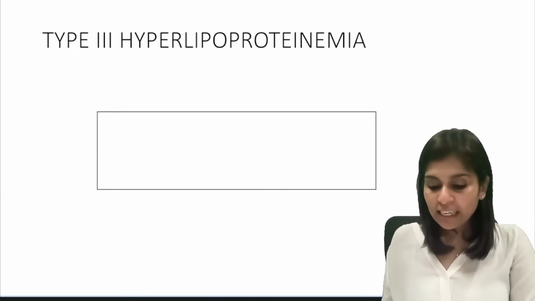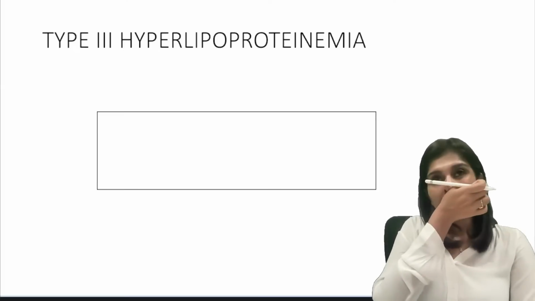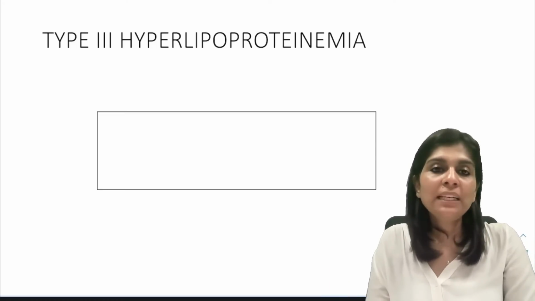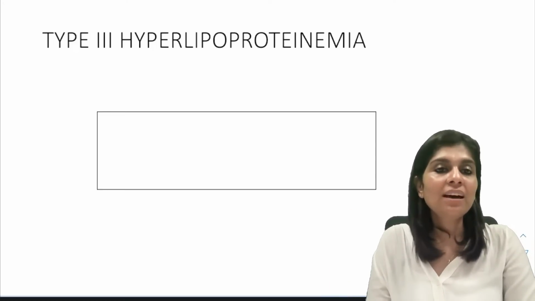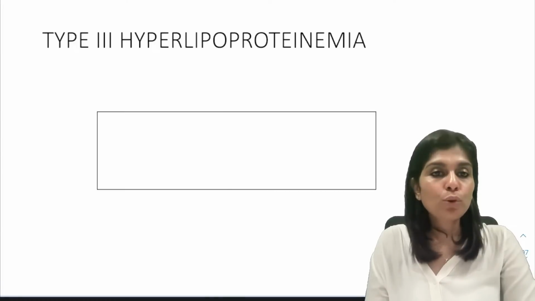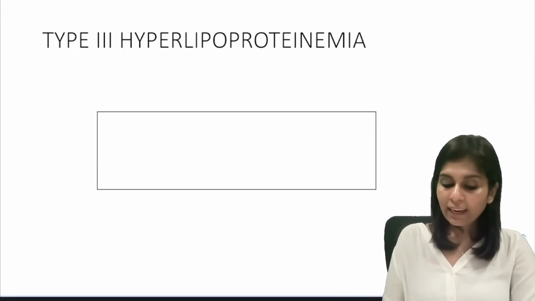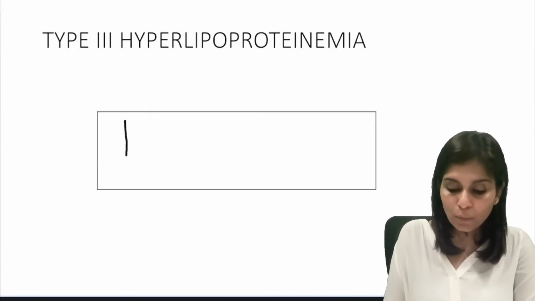Okay, so type 3, let me tell you about lipoprotein electrophoresis. Usually it is run on a glass slide. On this glass slide, we apply a support medium, most commonly agarose. Towards one end of the slide, you apply the serum or plasma whose lipoproteins are to be separated.